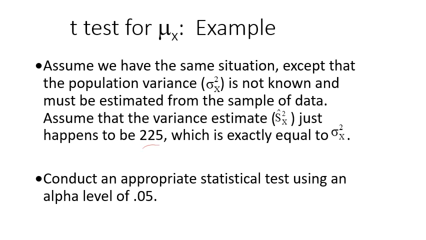I use that number specifically because you'll see that it comes out very, very similar to what we did before. That's exactly equal to the population variance in the previous problem. So in this problem, we don't know the population variance, but we use the population variance estimate. That's the same thing.